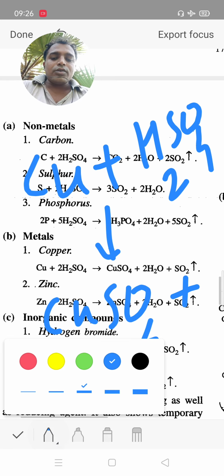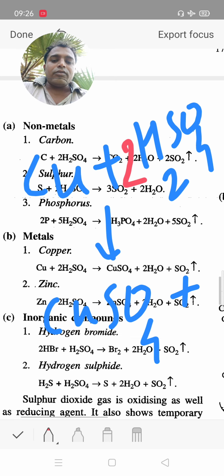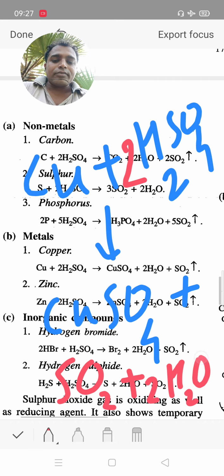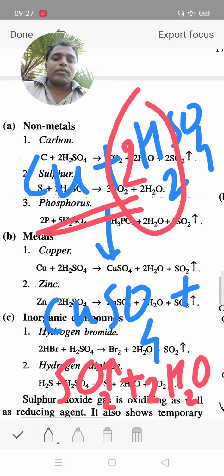We use sulfuric acid 2 times, then we get sulfur dioxide and 2 times water. In this reaction, there is no single displacement reaction, students, and no evolution of hydrogen. Therefore, this reaction gives copper sulfate, sulfur dioxide and 2 times water.